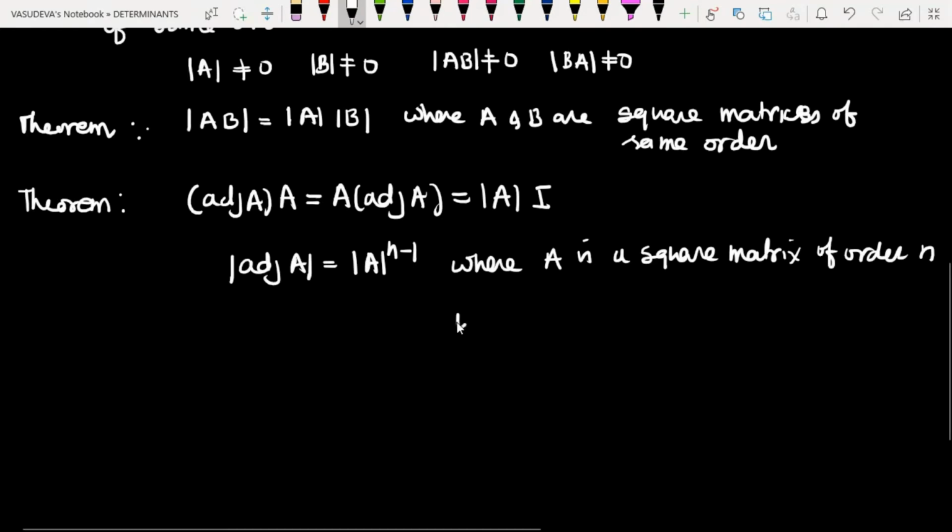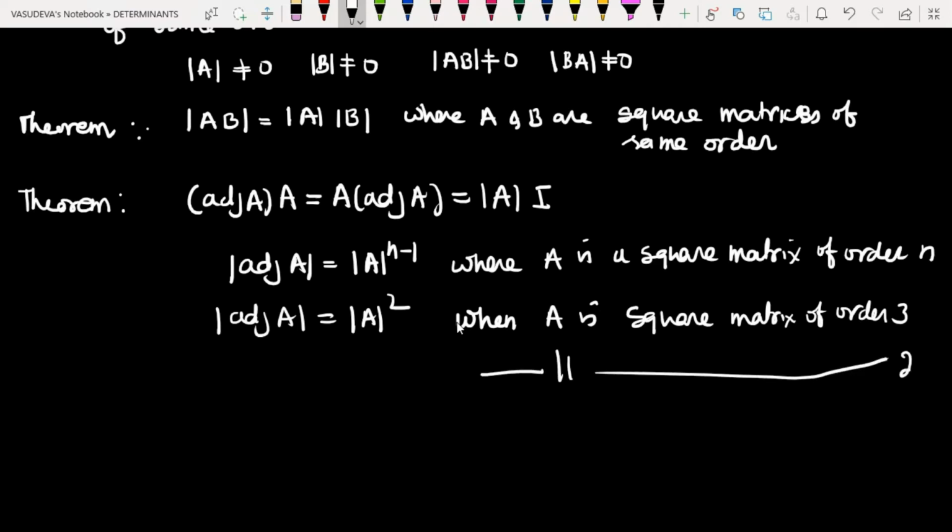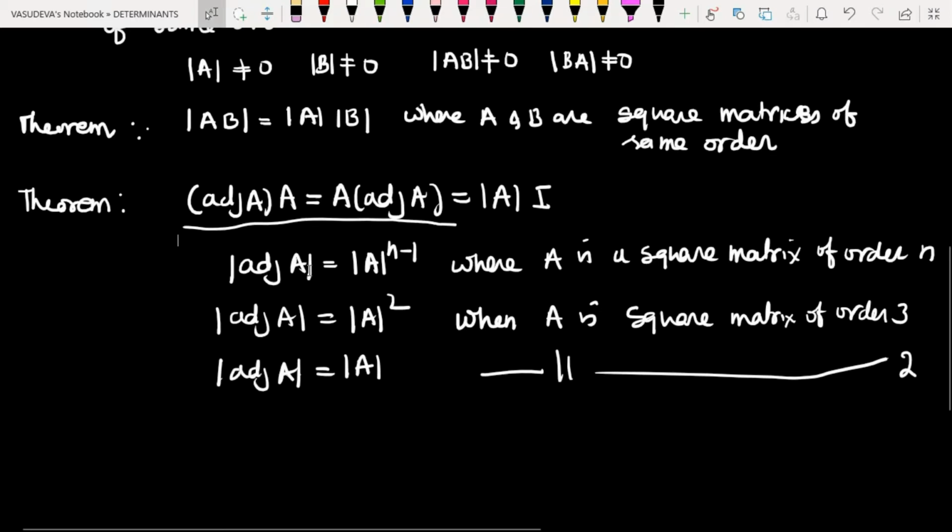So when A is a square matrix of order 3, determinant of adjoint of A is determinant of A squared. When it is a square matrix of order 2, determinant of adjoint of A is equal to determinant of A. We got these results from the theorem adjoint of A into A equals A into adjoint of A equals determinant of A into I.